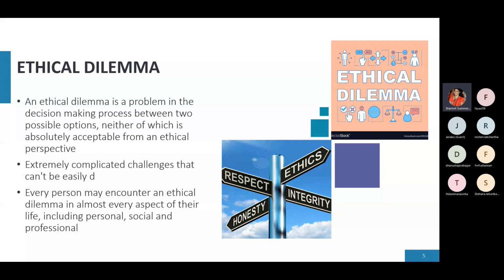That means it should be moral. Here we are going to analyze whether the decision you take in a critical situation is ethically or morally good or bad, morally right or wrong. So normally, ethical dilemmas are extremely complicated challenges that can't be easily resolved. Why? Because we need to take a decision which should be in a moral way.